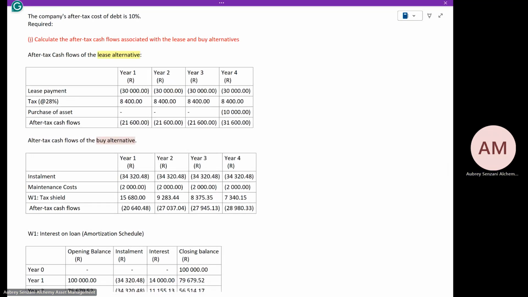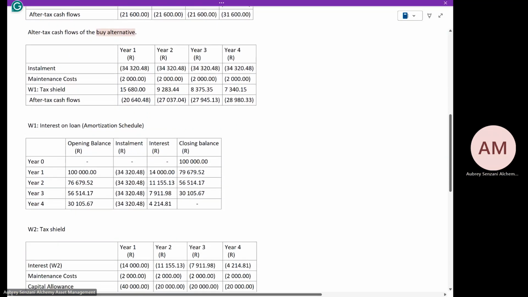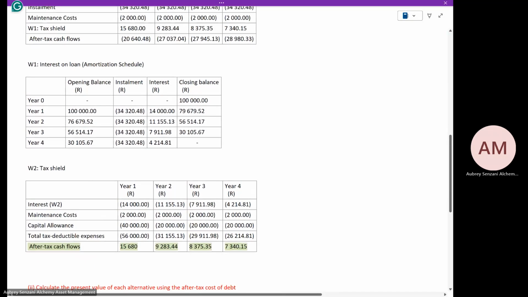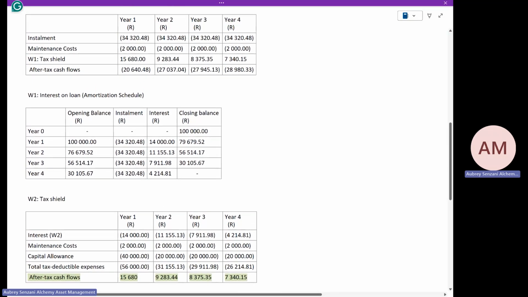So the first thing that I advise that you do, yes, you need to do an amortization schedule. But my question to you is, did you do any amortization schedules in accounting?